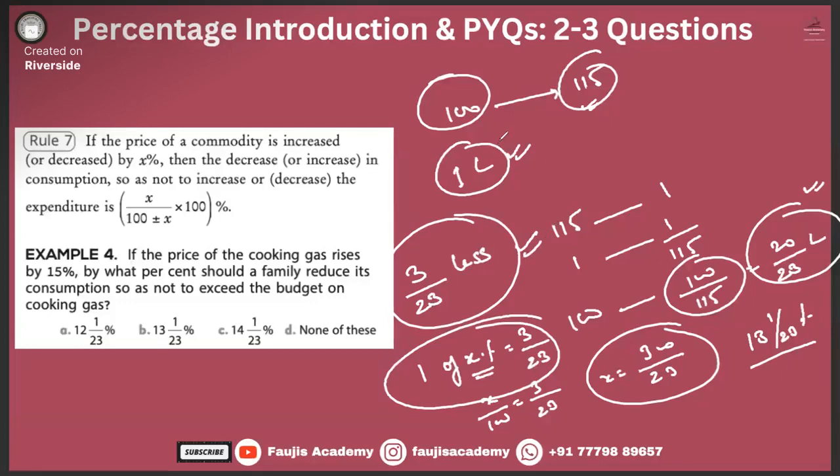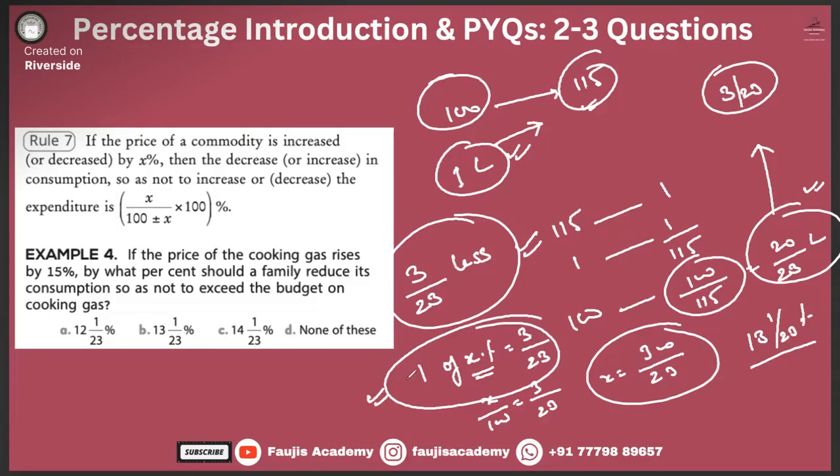Earlier this was the value and now this is the value, right? So now you are able to buy 3 by 23 less of how much? You are able to buy this much less now. Yes or no? Yes, sir.